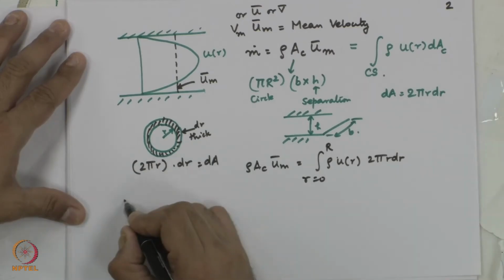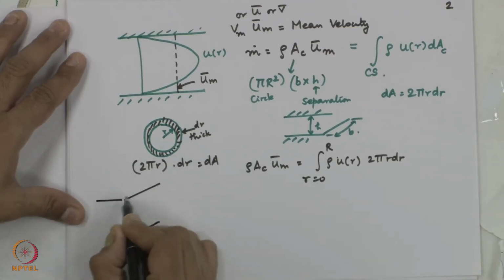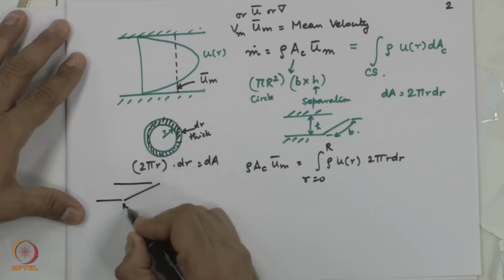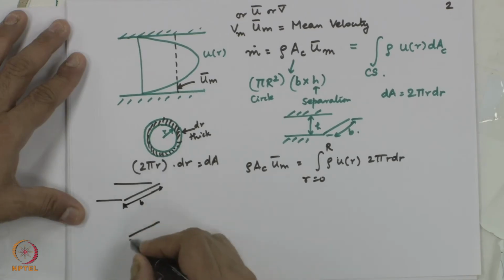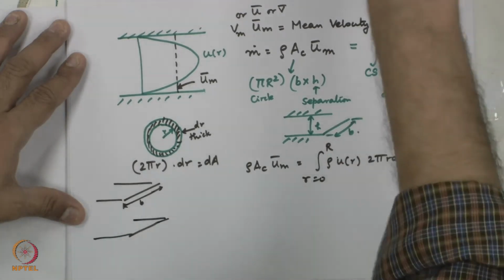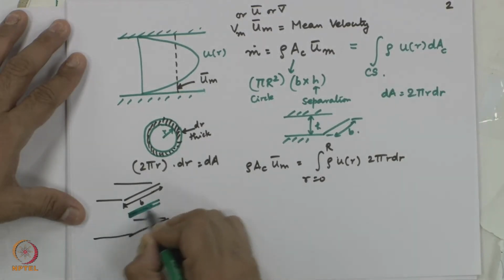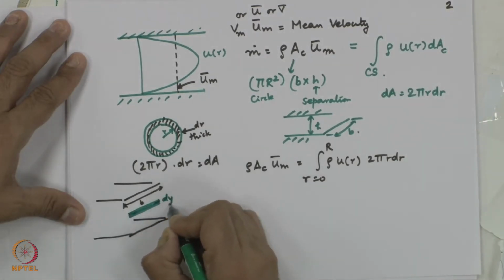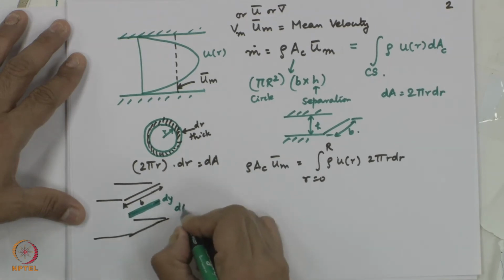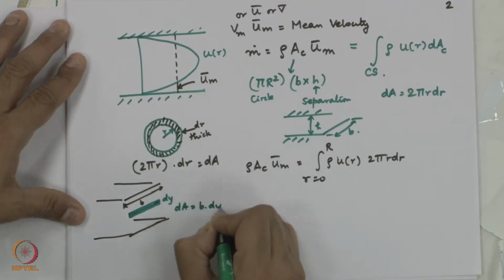For any geometry, let us say it is flow between two parallel plates. This is width B. Okay, this is the set of parallel plates for which you are doing this. We can talk about a strip. This is the green strip of thickness dy, and dA is nothing but B into dy.